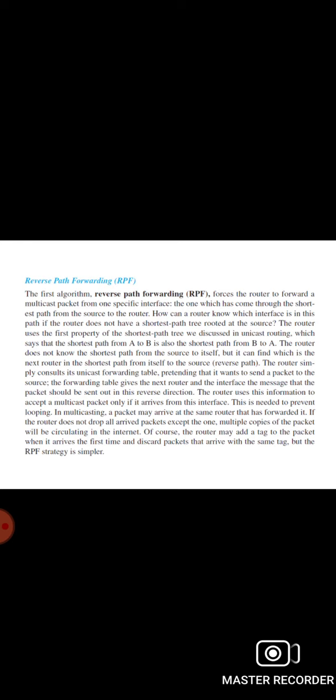So the story is the same with R2 and R3, and you may now wonder what happens if a copy of a packet travels through R5, R2, R6, R5, R2 and then enters R3 through interface M1. So the interface is the correct interface for R3. So is the copy of the packet forwarded?